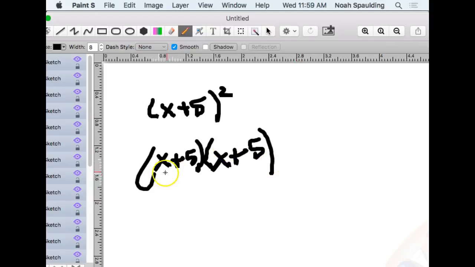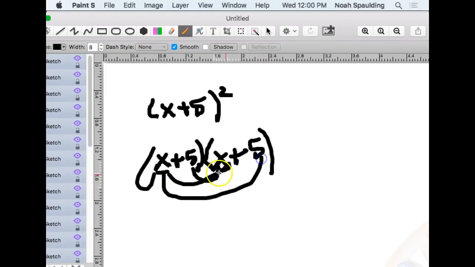FOIL is just the first terms of each. So it's the first times the first, the outer times the outer, the inner times the inner, and the last times the last.